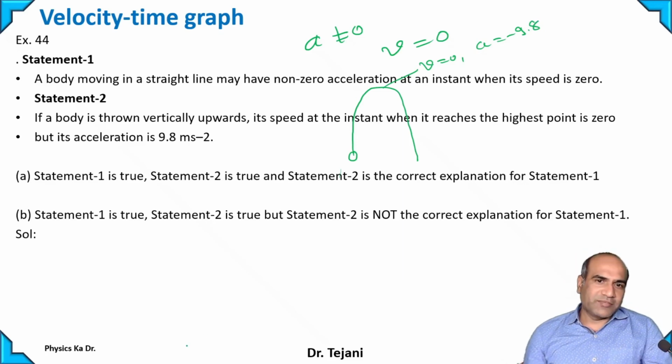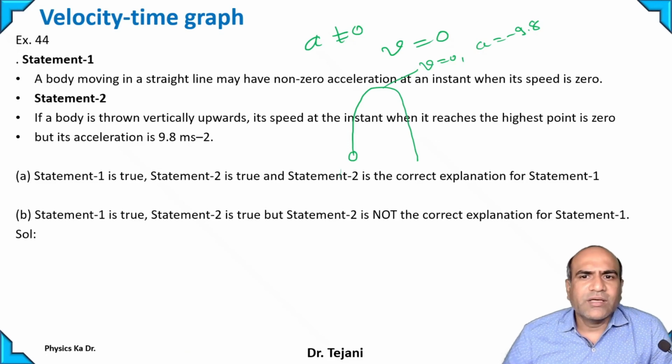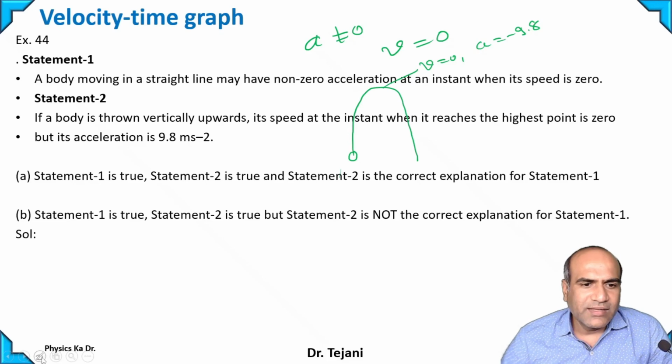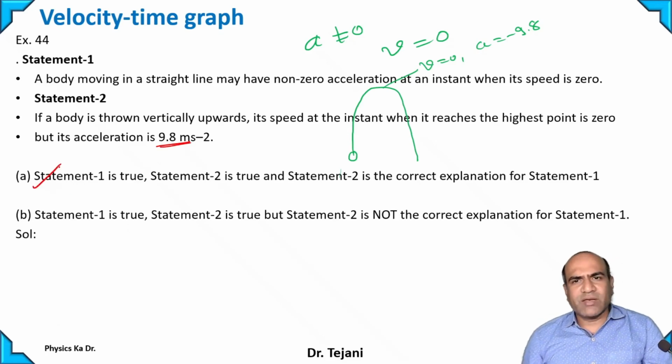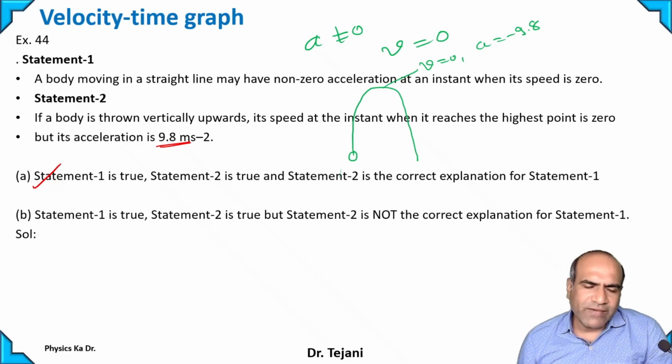It is given here that if a body is thrown vertically upward, its speed at the highest point is 0, but acceleration is 9.8. So statement 1 is true. Acceleration can be non-zero and velocity can be 0.